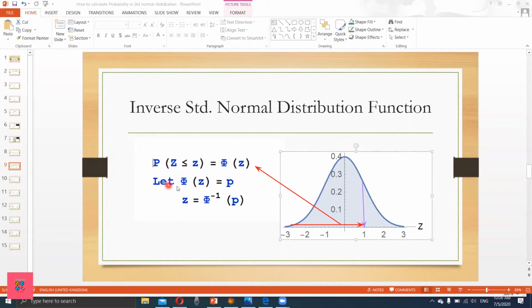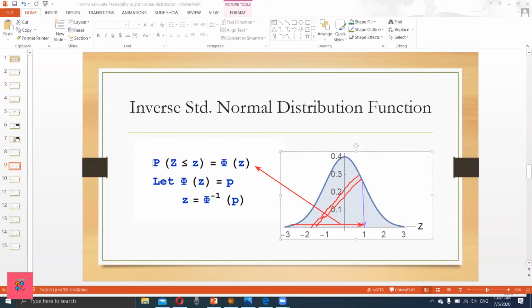And if this probability is given, because we are using inverse standard normal distribution function, the shaded area is on the left side, always on the left side, because phi is the area which starts from minus infinity to that point.